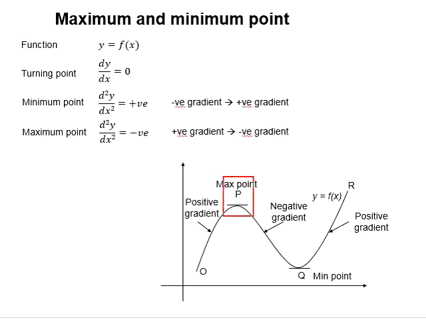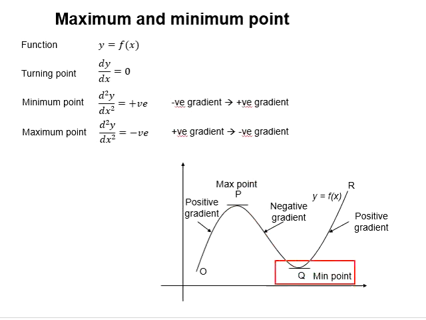To identify the maximum point, you will observe a positive gradient before the point and a negative gradient after the point. The gradient of the curve will reduce gradually until it becomes zero gradient. As the gradient reduces further, it will become negative gradient.